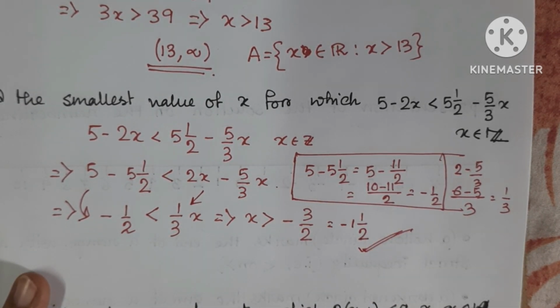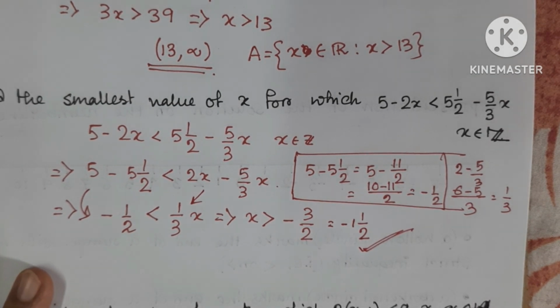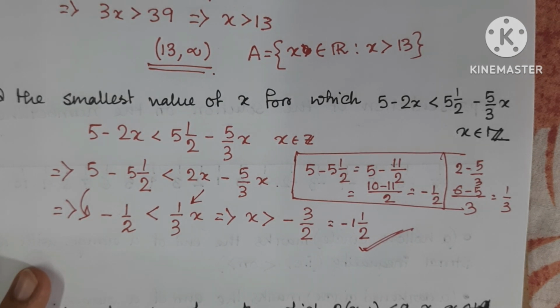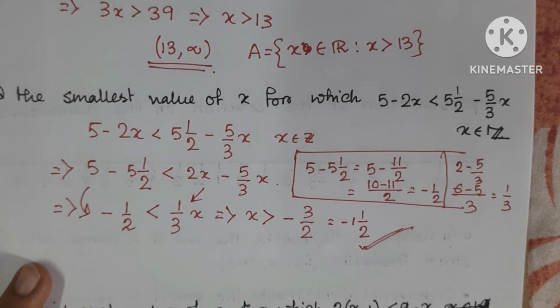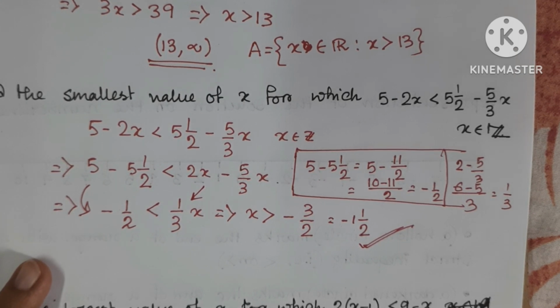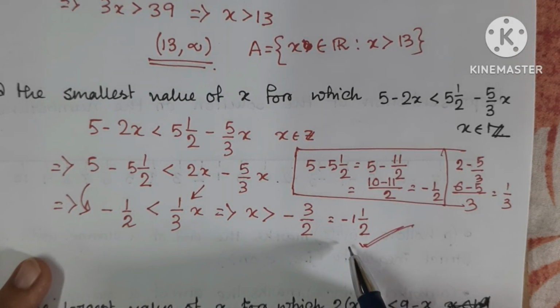Now see, minus 1 and 1 by 2. Now what will be the smallest value of x? See, here you have to choose an integer, right? And this one is not an integer.